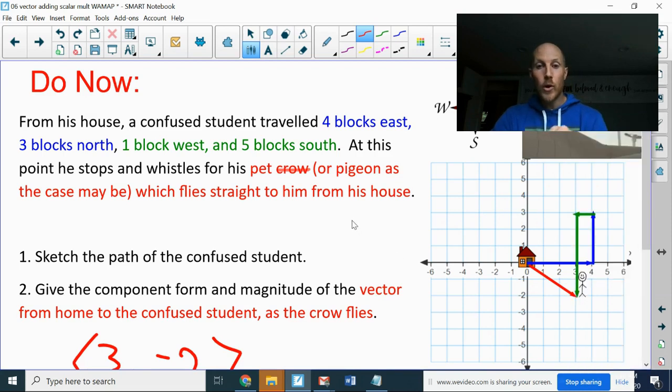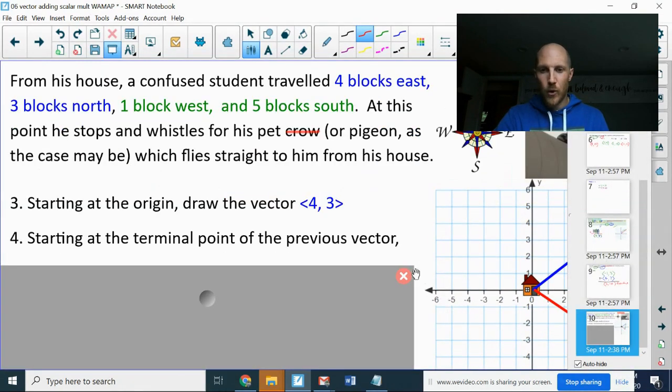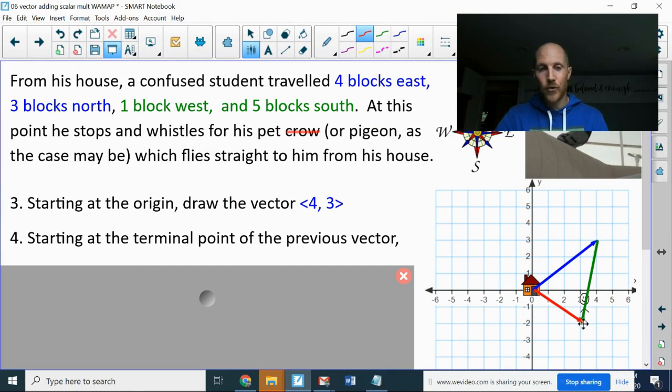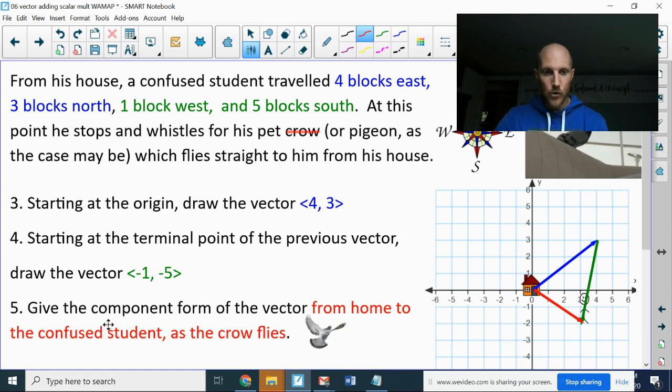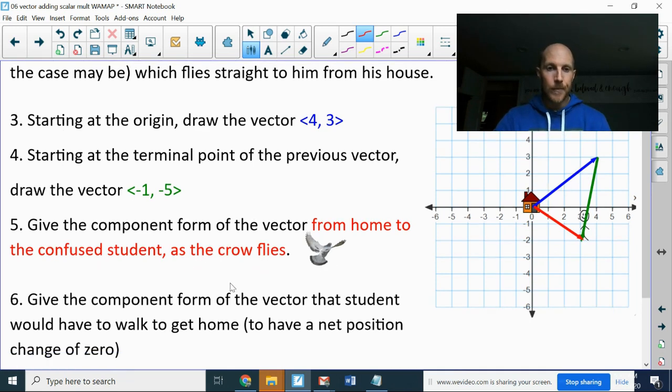So whether we work just in component form, graphing it as orthogonal components, or whether we draw diagonal vectors makes absolutely no difference. We still end up with the same resultant, right? So components or diagonal vectors doesn't make any difference as far as the end result. We're still going to get the same resultant every single time.